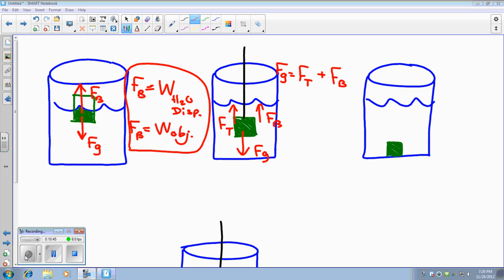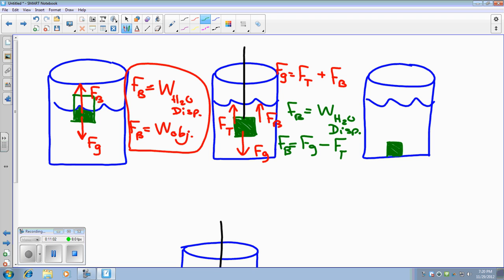In this situation, if I want to find the buoyant force, it's only going to be equal to the weight of the water displaced. The other thing that it can be equal to, just with some math, would be the force of gravity minus the tension. So that's another way to think about that one.